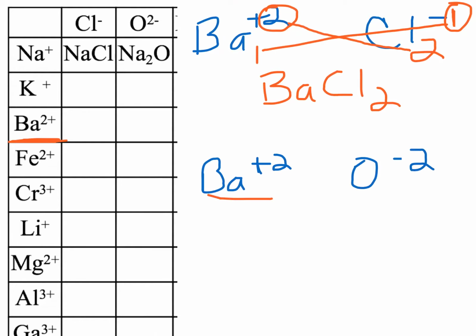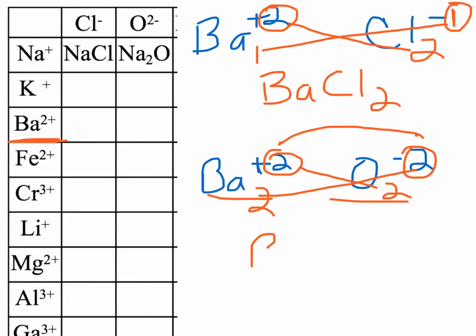For barium oxide, we already have the same number on both sides. They're already exact opposites, so I can just have one of each together. If you were still going to do the Criss-Cross method, what you would get is Ba2O2. But when we do ionic compounds, we always have to have the lowest whole number ratio of those subscripts.